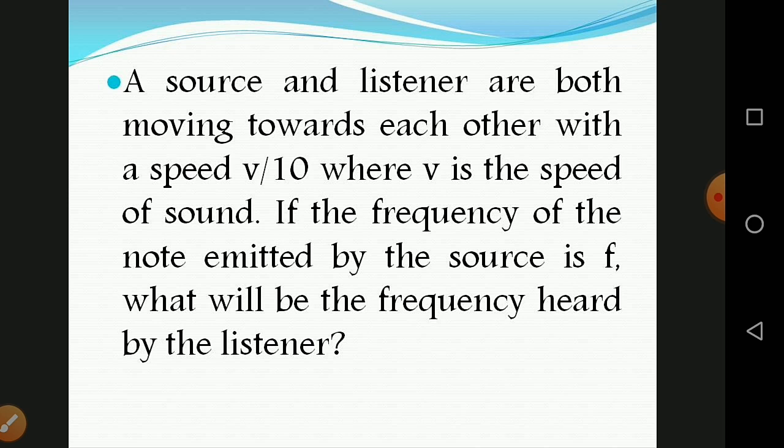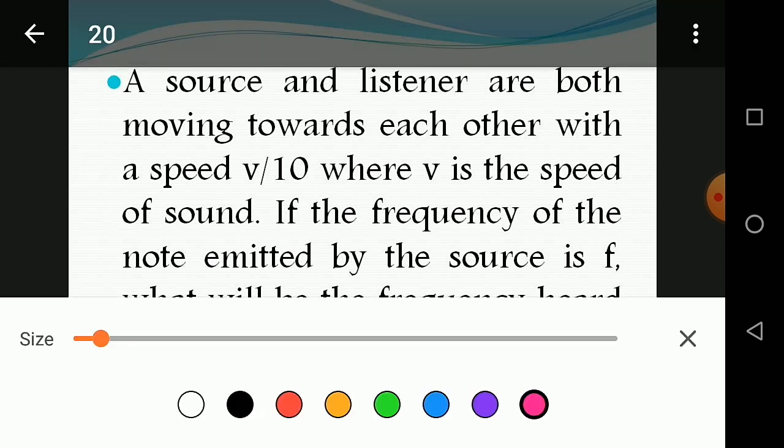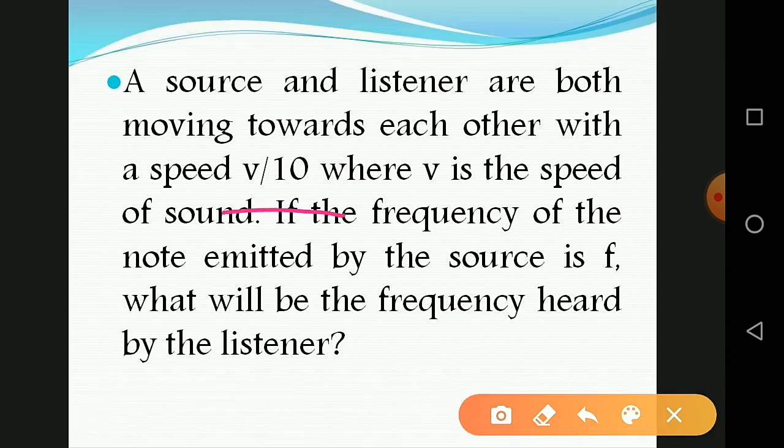So we know the values: vl is equal to v divided by 10, and vs is equal to v divided by 10, and n is equal to f.